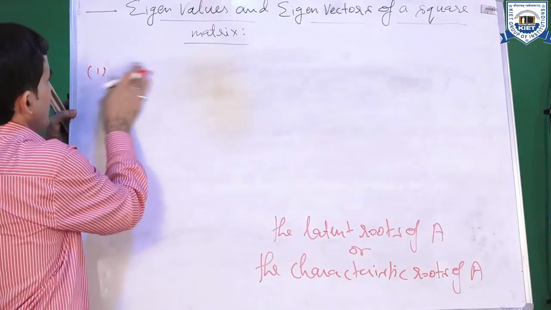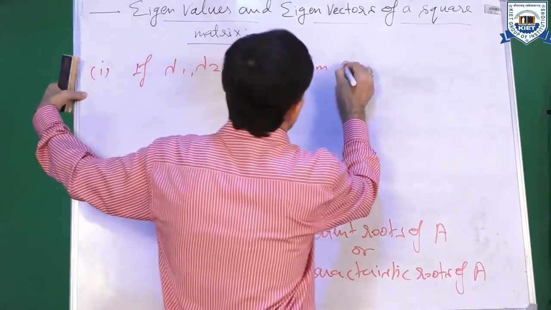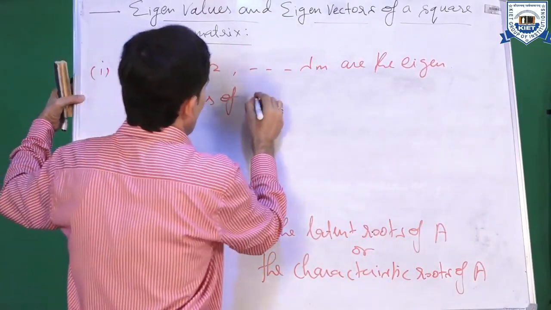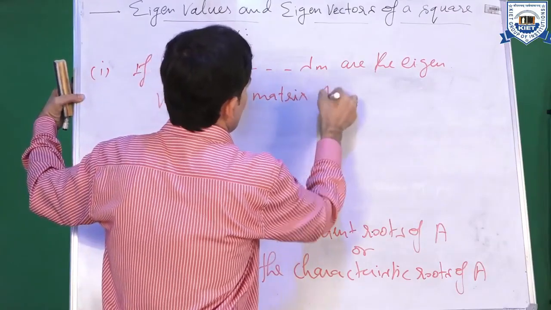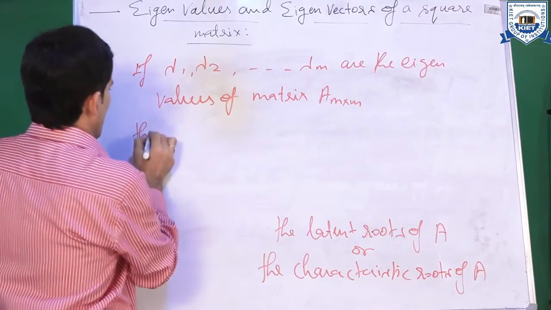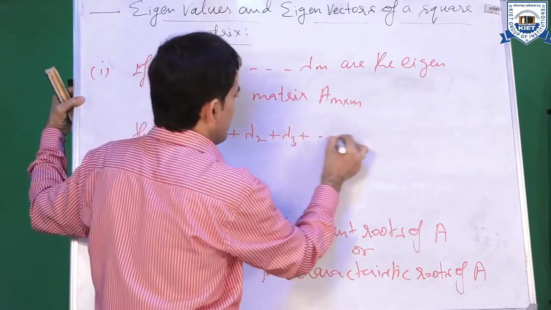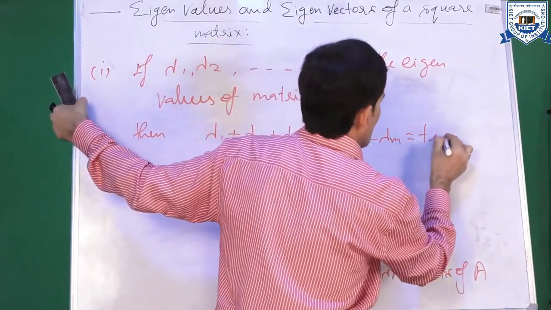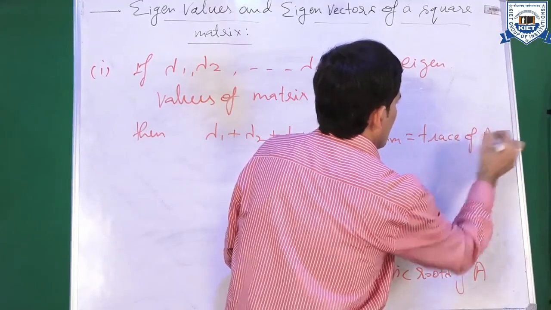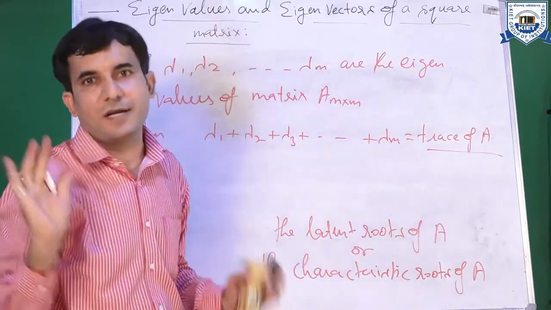Number 1, if lambda 1, lambda 2, dash dash lambda m are the eigenvalues of a square matrix capital A whose size is m cross m, then the sum of all these eigenvalues, lambda 1 plus lambda 2 plus lambda 3 plus dash dash plus lambda m, is equal to the trace of matrix A. And you know that trace of matrix A is the sum of diagonal elements of a square matrix.